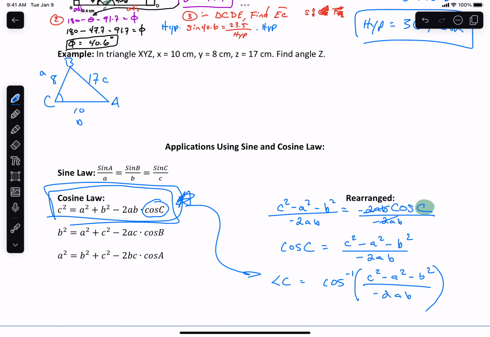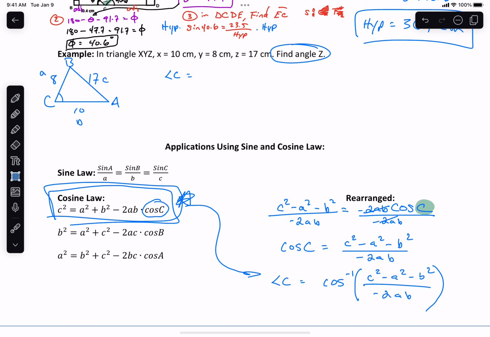So here, let's use the equation now. Angle C, or what would be angle Z, is going to equal C squared, which is 17 squared. Oh, sorry, let's write the cos inverse.